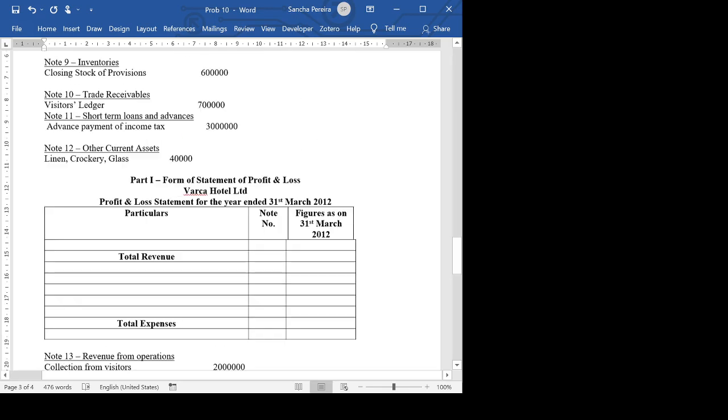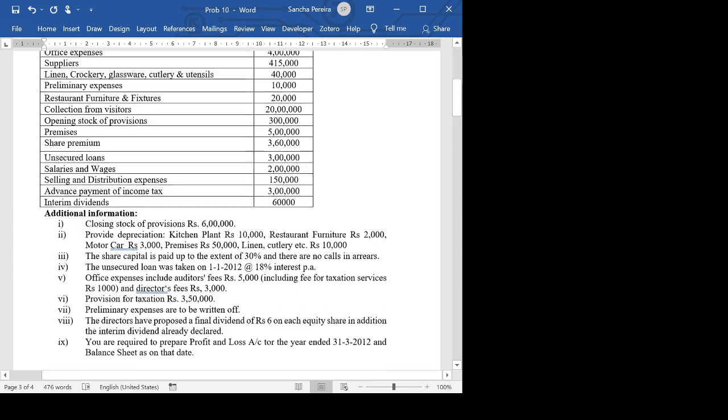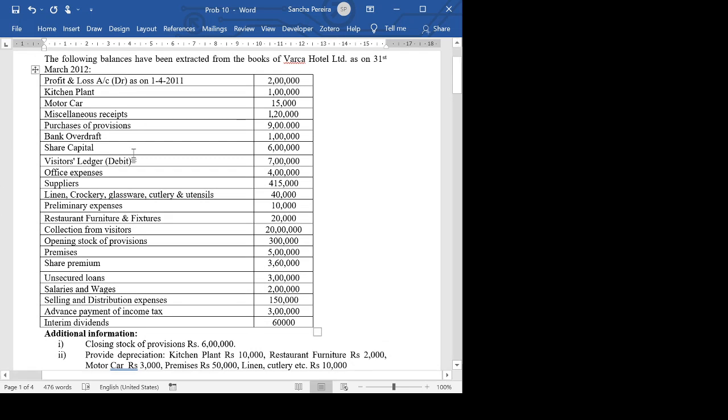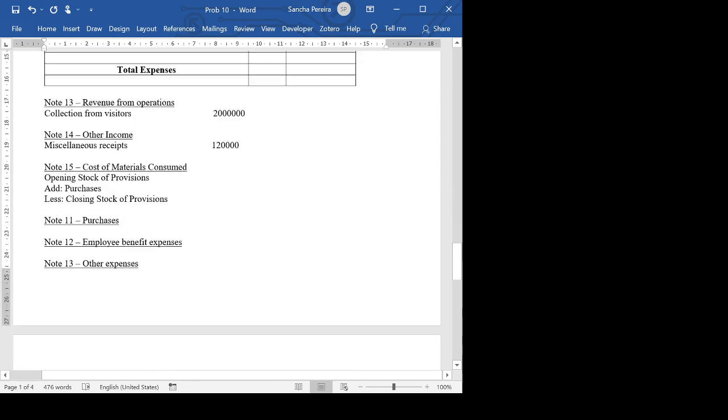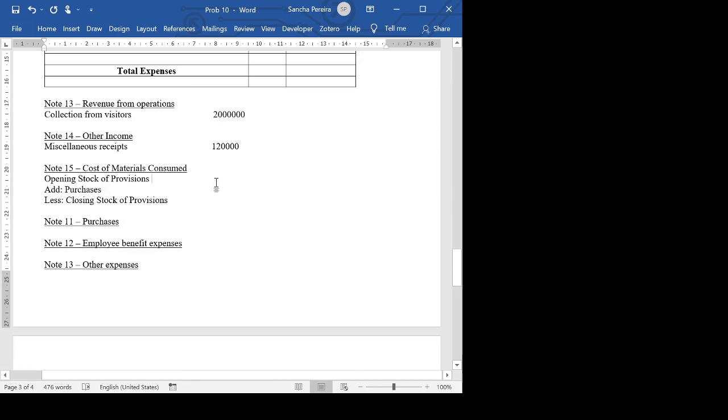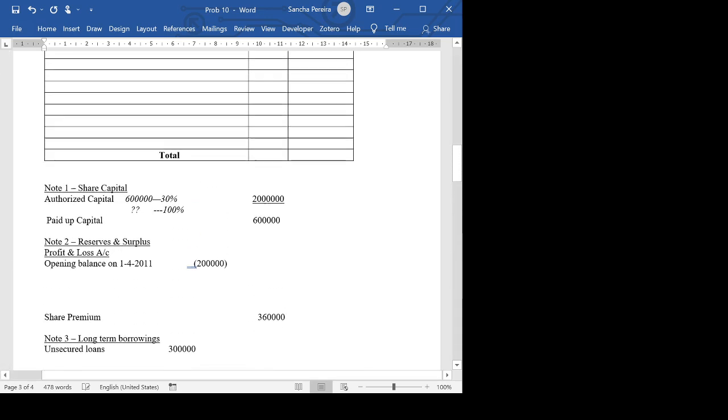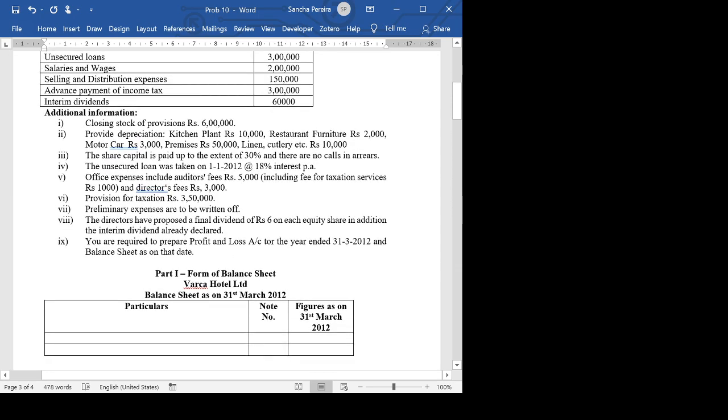Opening stock of provisions is 3 lakhs, purchases are 9 lakhs, and closing stock of provisions is given as the inventory, 6 lakhs.